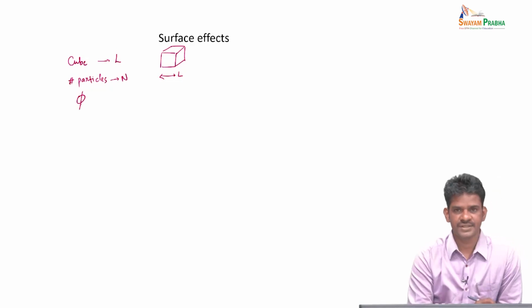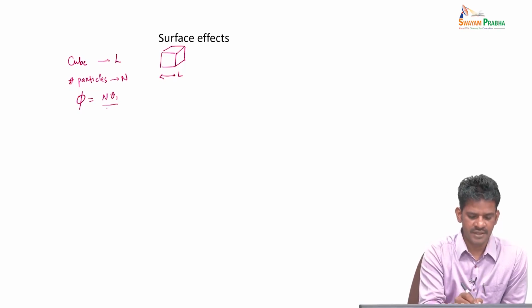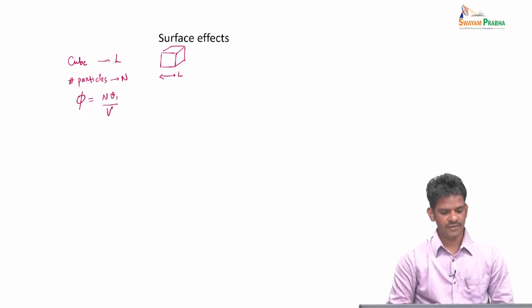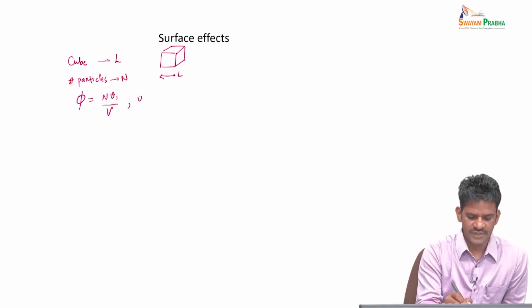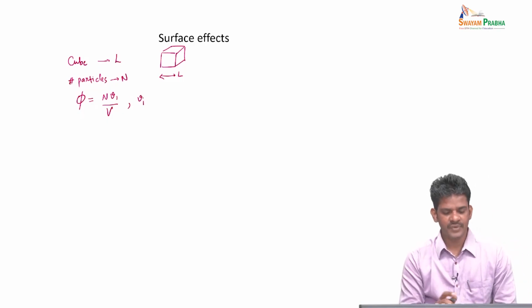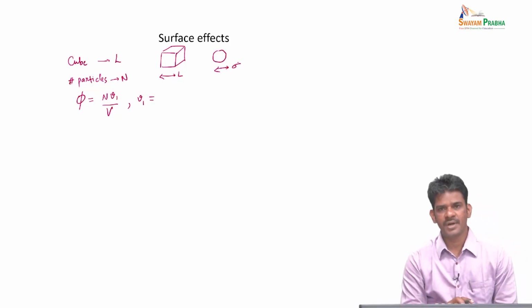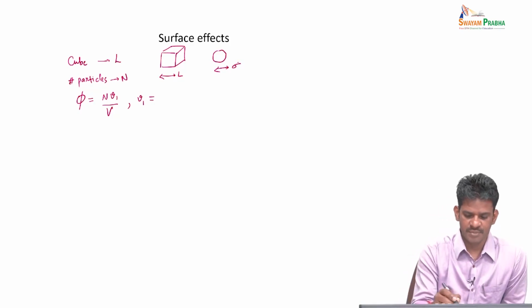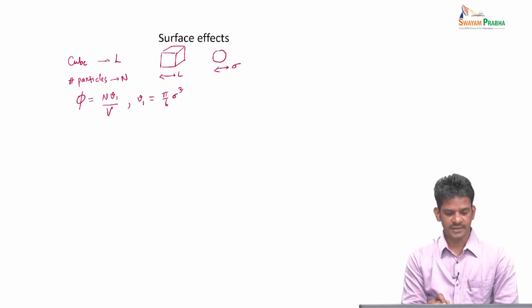Let us call this volume fraction phi, which is defined as the number of particles times the volume of one particle divided by the total volume. So that is the definition of volume fraction. Here V1 is the volume of one single particle. Suppose you think about a single spherical particle having a diameter of sigma, then V1 is pi by 6 sigma cube. That is the spherical volume occupied by one single particle.